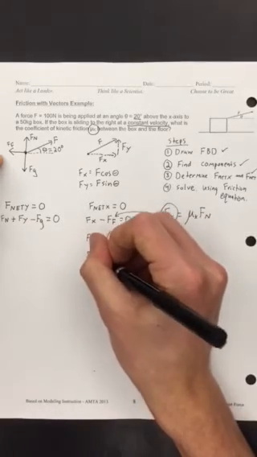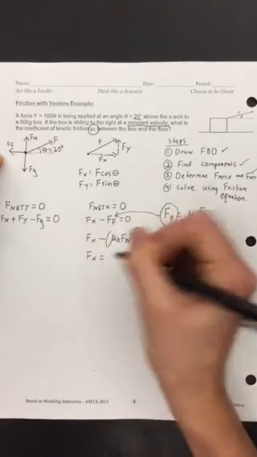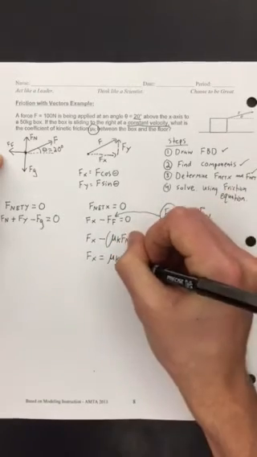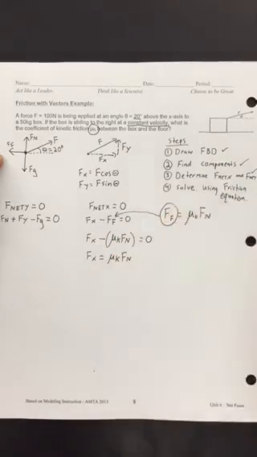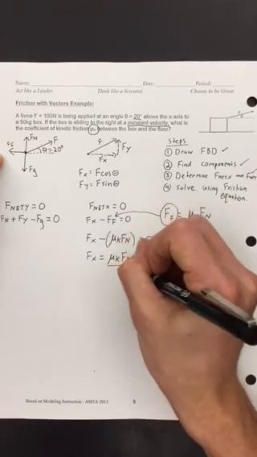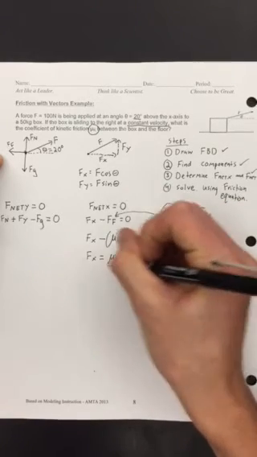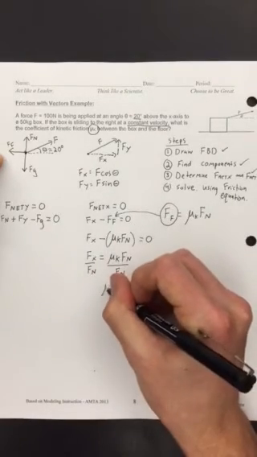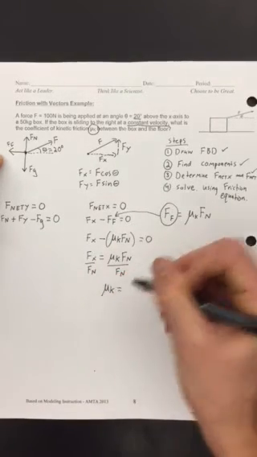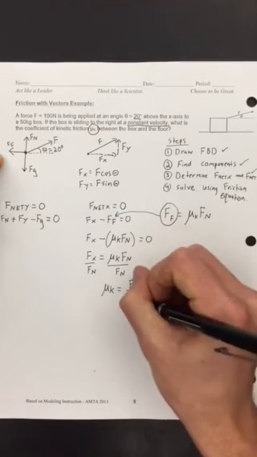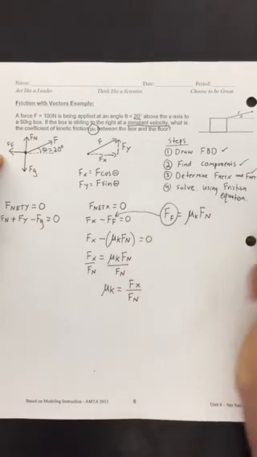Then if I add that to the other side, the x component equals the coefficient multiplied by the normal force. I'm trying to get the coefficient by itself, so I'm going to divide both sides by the normal force, and that tells me that the coefficient is equal to the x component divided by the normal force.